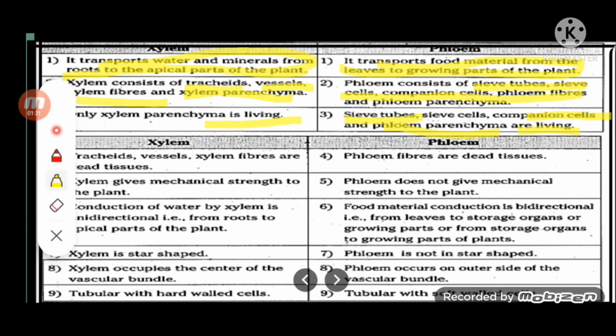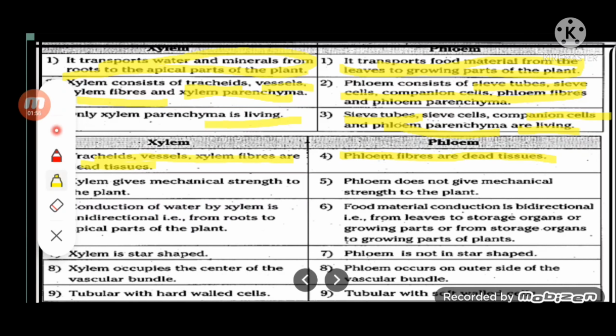Now what are dead cells among these component cells? In xylem, tracheids, vessels and fibers are dead tissue. As we have already discussed, they lose the protoplasmic content, that's why they are dead. And phloem fibers are dead tissues. Fibers will always be dead in nature.